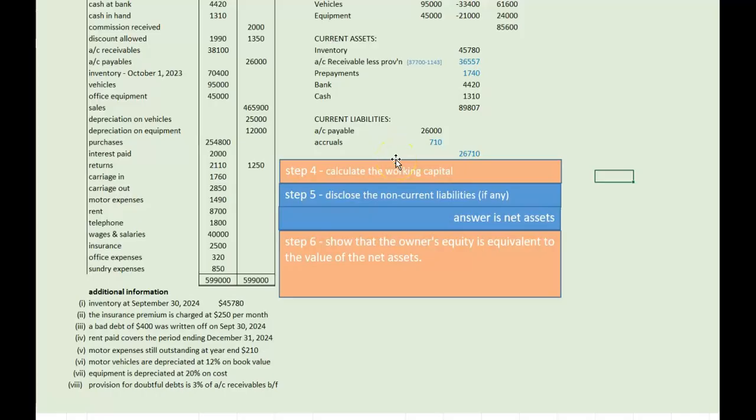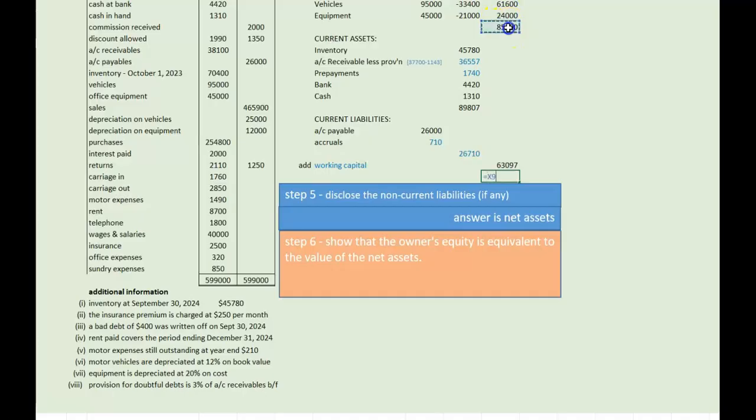So obviously in this method, working capital will feature. So I'm going to work it out now. I'm going to subtract the current liabilities from the current assets, and I get 63,097. And what I could do is add those two numbers together.